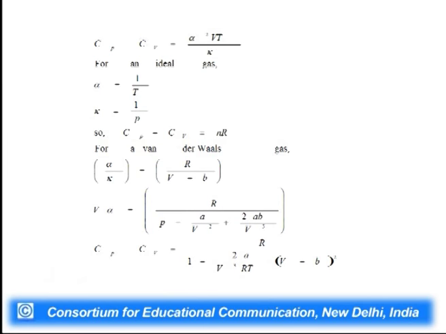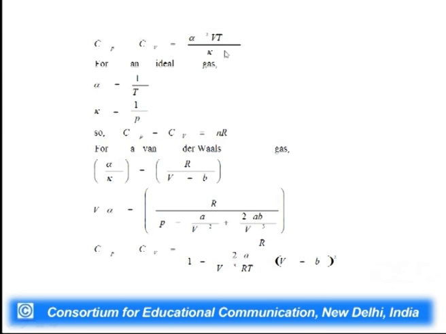Now, let us see what the value of Cp minus Cv will be for an ideal gas. We just know that Cp minus Cv is equal to alpha square VT divided by kappa. For an ideal gas, we know that V is equal to RT by P. We can calculate alpha, which is simply equal to 1 by T. If we calculate kappa, it is equal to 1 by P. Now, if you place these values here, we can simply get Cp minus Cv, and what we will find is Cp minus Cv is equal to nR.